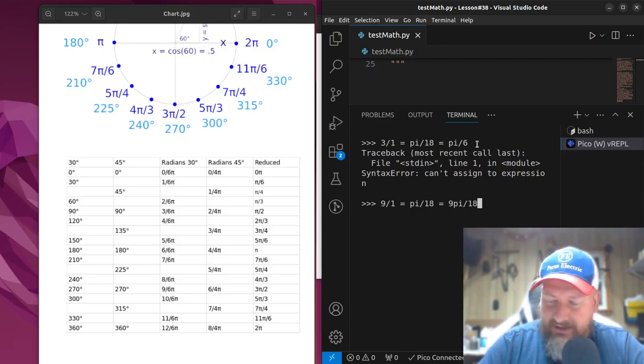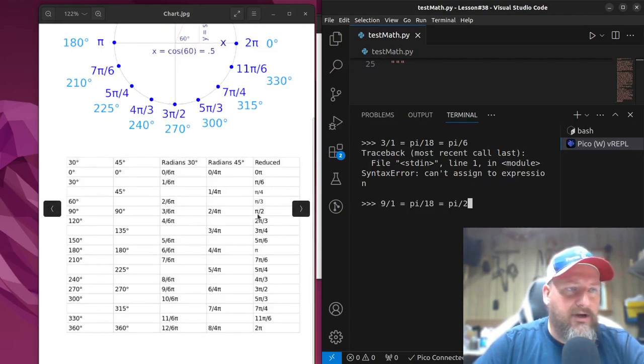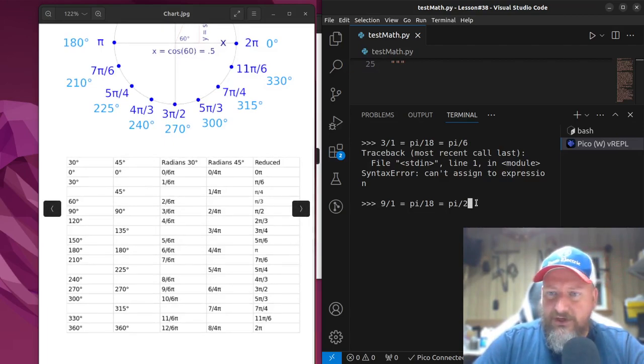Well, 9 and 18 can be reduced, so we can go ahead and lose the 9 here, and we'd say 2. So we can say pi over 2. And if we look over here at our 90, that's what we got it reduced down to, pi over 2. Now we're getting somewhere. We're starting to learn this.